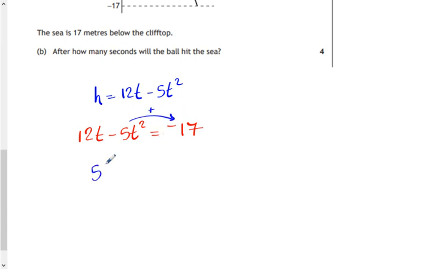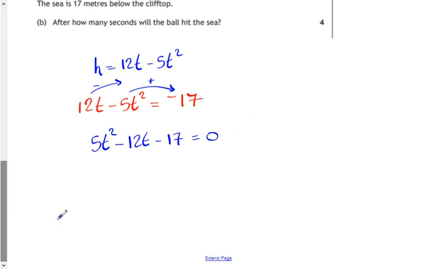I'm going to get 5t squared minus 12t minus 17 equals 0. So that is a trinomial that we can factorize, equal to 0.